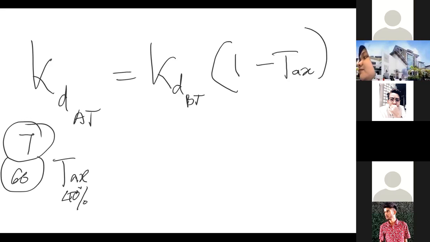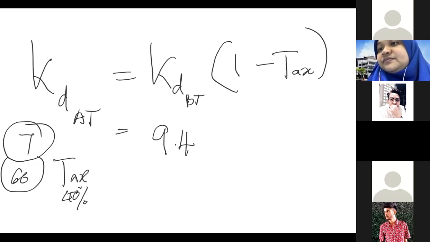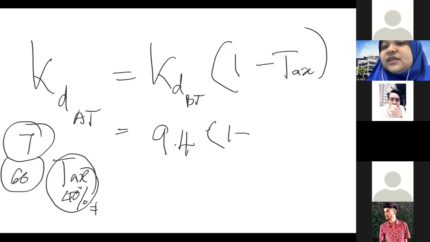Using 9.4% cost of debt before tax, find the after tax cost of debt. So cost of debt before tax is 9.4%. You can just leave it like this, times 1 minus tax. Tax is 40%, right? You need to convert it into decimal, which is 0.4.